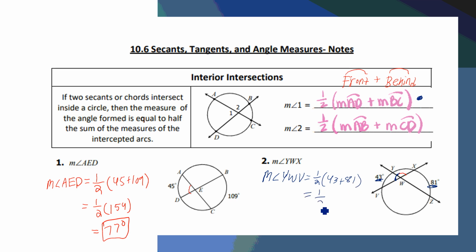So add those up. 43 plus 81 is going to be 124. Divide that by 2, and you get 62. Okay, so YWV is 62 degrees. So to get YWX, we'll just subtract it from 180. So 180 minus 62 is 118 degrees.